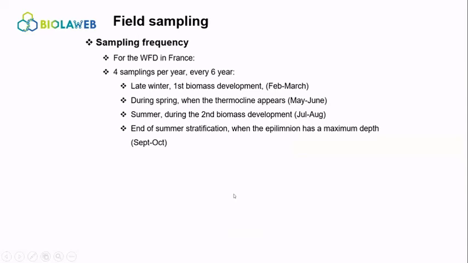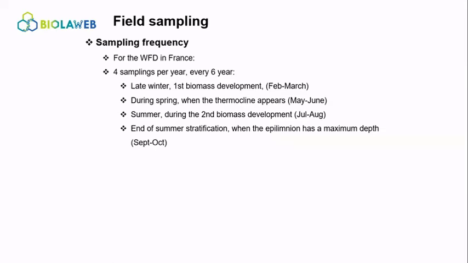About the sampling frequency. For the WFD, the Water Framework Directive in France, there are 4 samplings per year, and this is carried out every 6 years in all the lakes in France. So we don't sample all the lakes in France every 6 years, but there is a rotation.